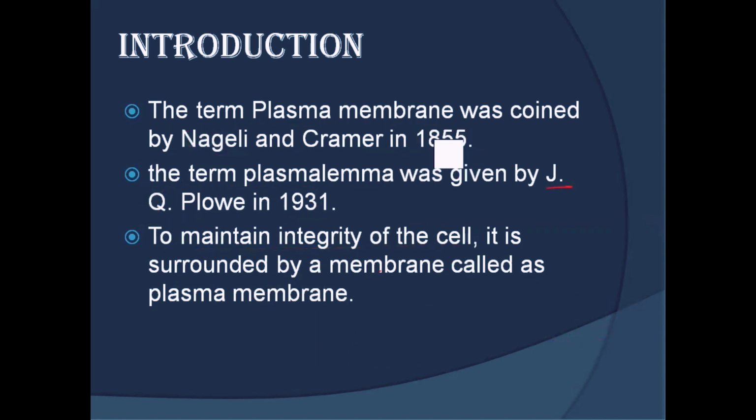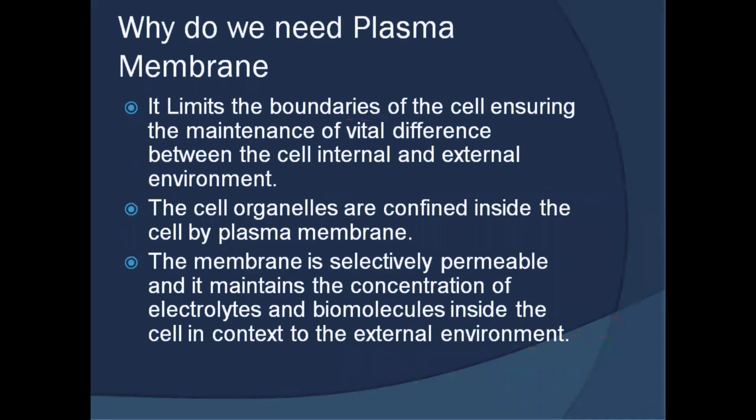Now let's learn in depth why it is so important. The plasma membrane limits the boundary of the cell, because there is a major difference between the internal cell and the external environment. The environment inside the cell is quite different from the environment outside.